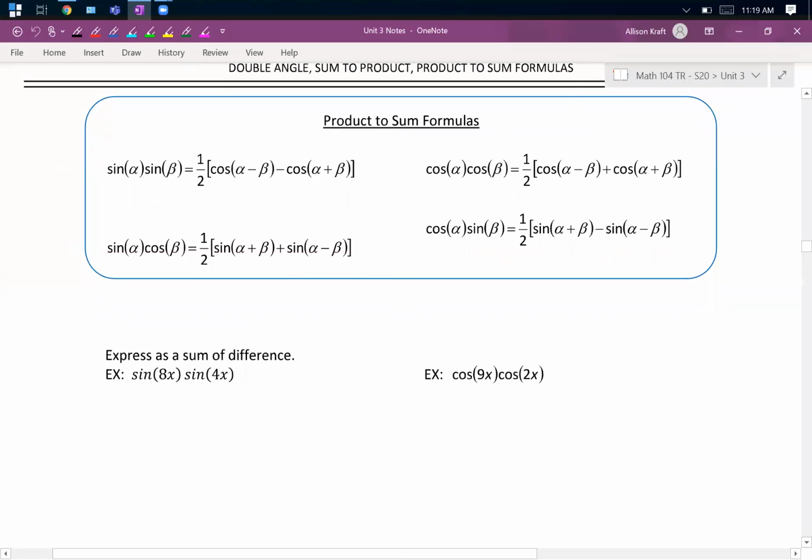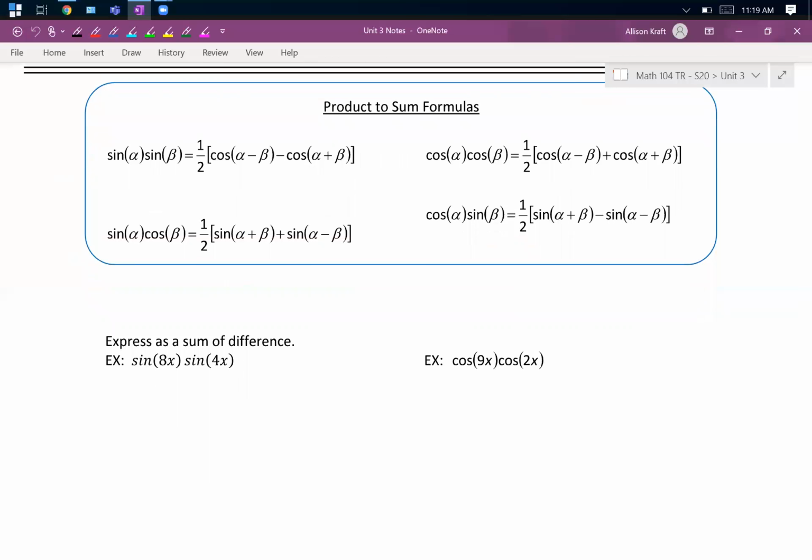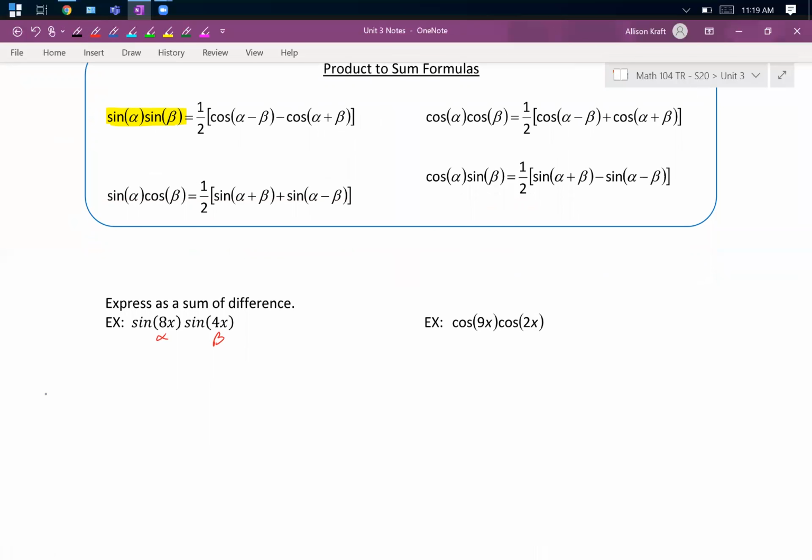So we're going to express as a sum or difference. We have sine times sine. So that's going to be our first formula right here, where 8x is our alpha and 4x is our beta. Plugging in, we're going to get 1/2 times the quantity cosine of 8x minus 4x minus cosine of 8x plus 4x.